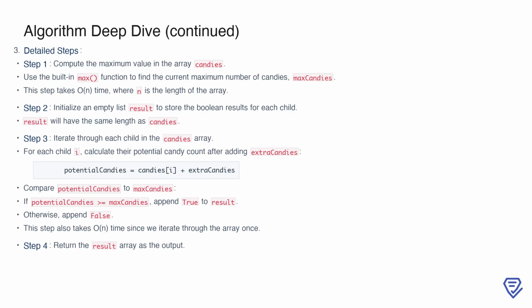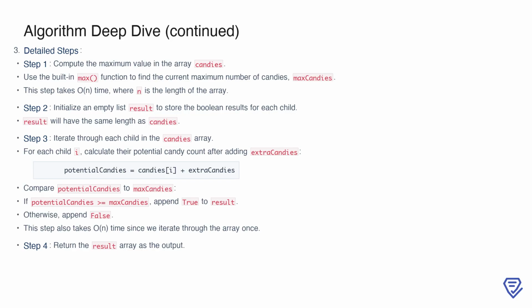For each child, we calculate their potential candy count by adding extra candies to their current count. We check whether this new value is greater than or equal to the maximum value we computed earlier. If it is, we append true to the result array, otherwise, we append false. Once we've processed all the children, we return the result array as the final output.